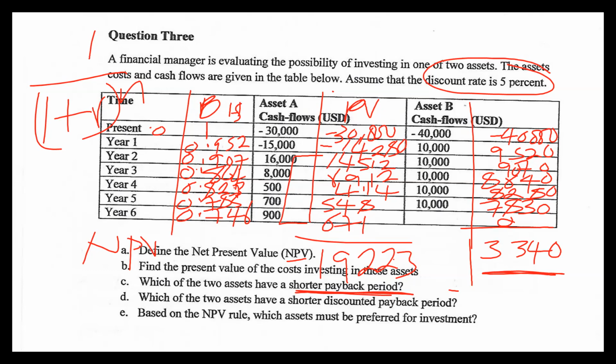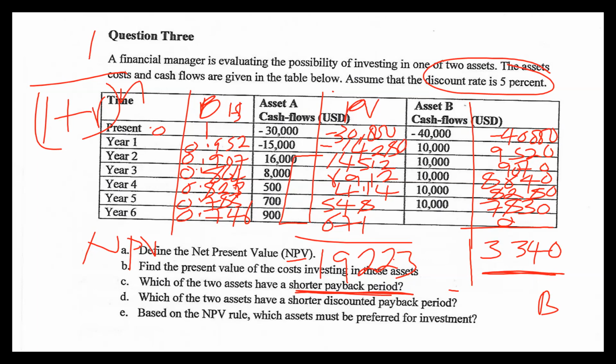Then which of the two assets has a shorter discounted payback period? This is still B, right? And based on the net present value, which asset must be preferred for investment?